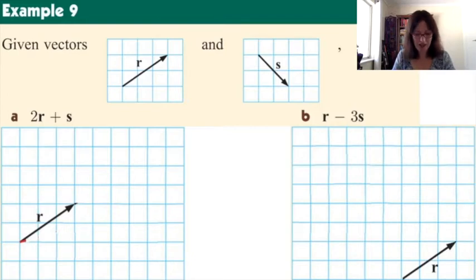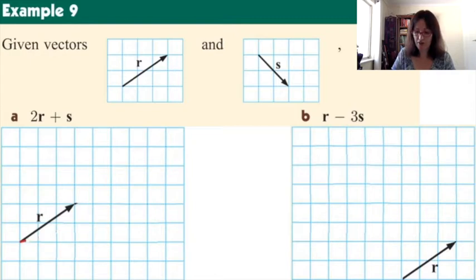And then the second one here we have is R subtract 3S. So we've got our vector of R to start with here, and now we want to subtract off 3S. Thinking about what S is, normal S would be down 2 to the right 2. So if we want a negative of that, instead of down 2, we have to go up 2, and instead of right 2, we have to go left 2.